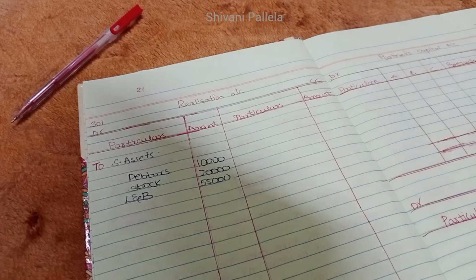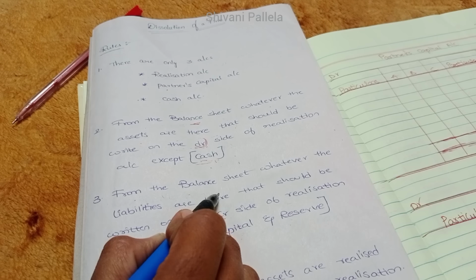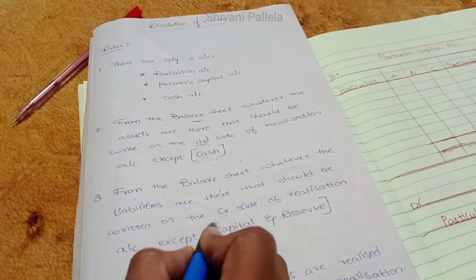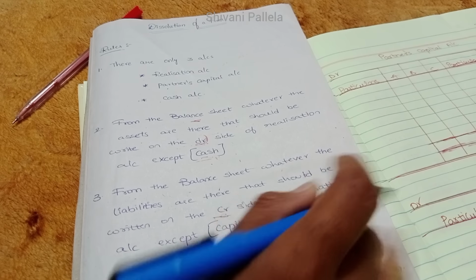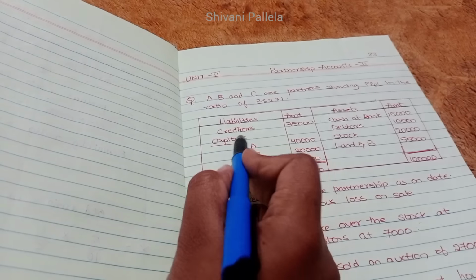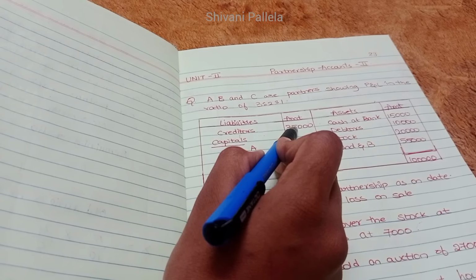Next, from the balance sheet, whatever liabilities are there should be credited in the realization account. In the balance sheet given in the question, on the liability side, except capital and reserve, whatever liability we have, creditors, we have 35,000.